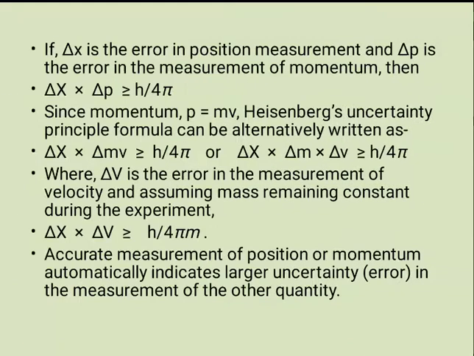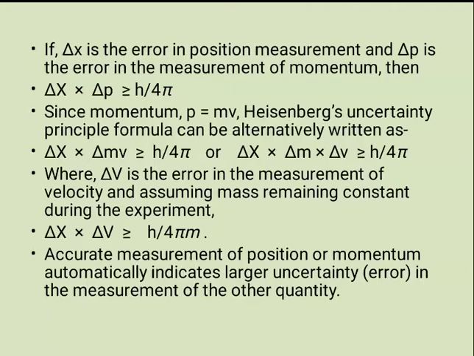Now, if delta x is very small, that is, the position of the microscopic particle can be measured accurately, then delta p will be very large, which means that the momentum or the velocity of the particle cannot be measured with great accuracy.